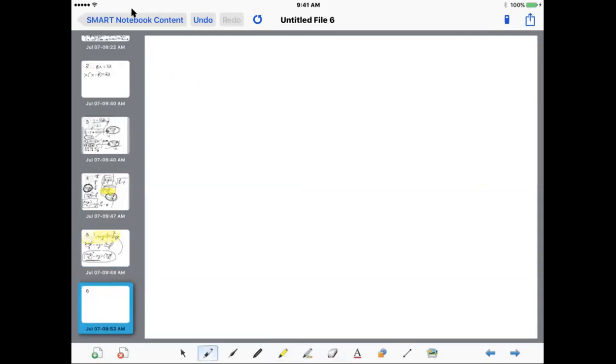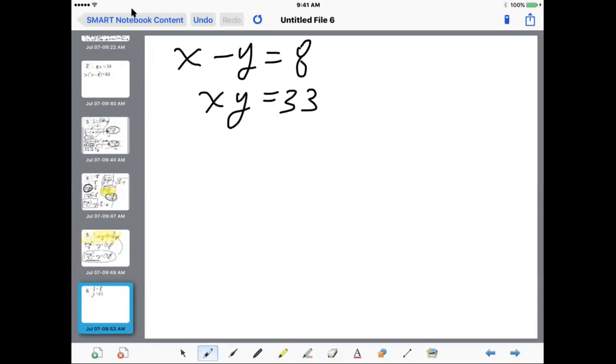So that's if you're given the sum and the product. If you're given the difference and the product, the process is almost the same.